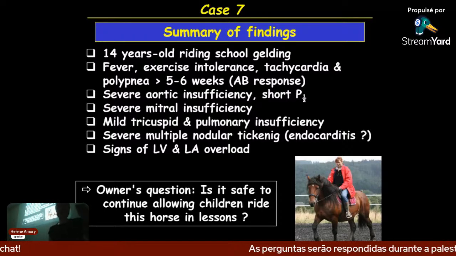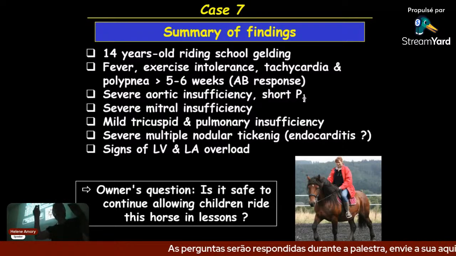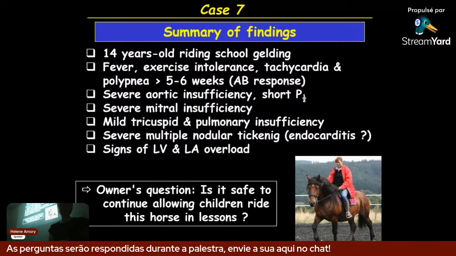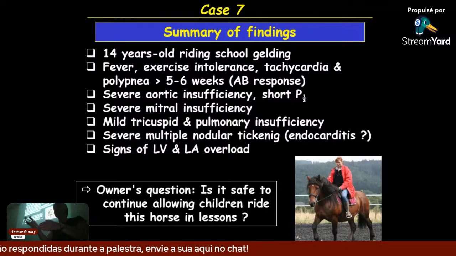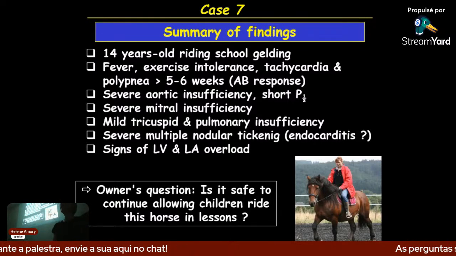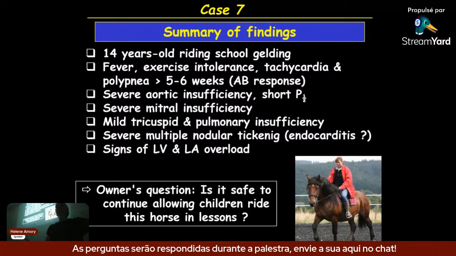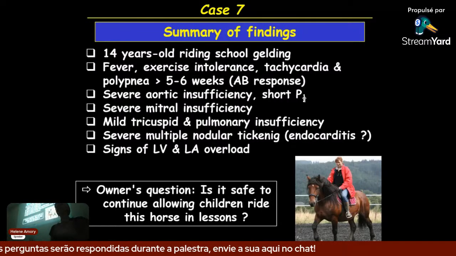And we have some nodular thickening of the aortic valve, maybe an endocarditis, that could be in good correlation with the fever since a few weeks. With the polypnea, I will come back to that. It's very often we have that with endocarditis. And we have very severe overload of the left ventricle and the left atrium.